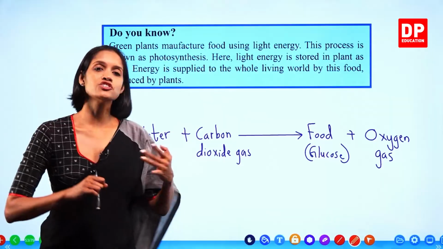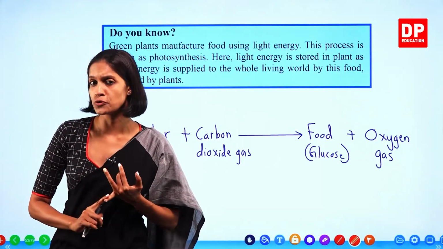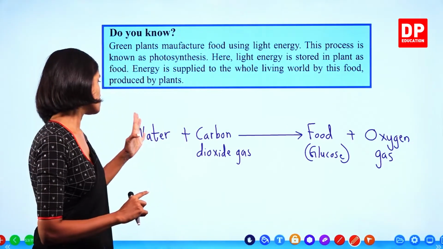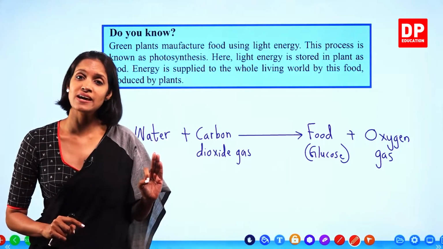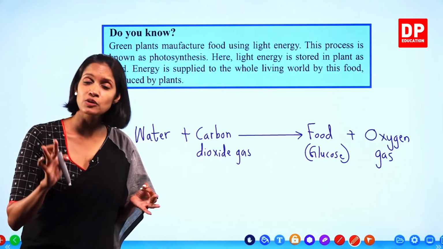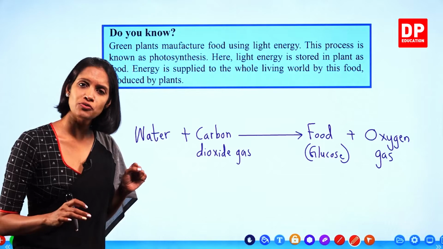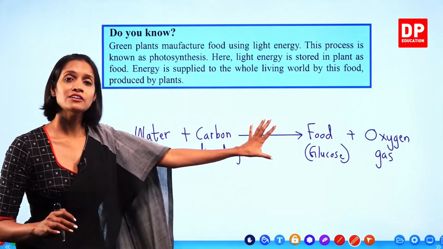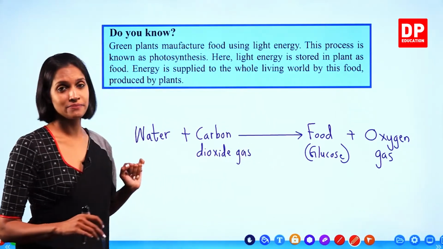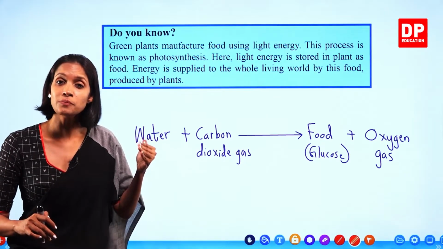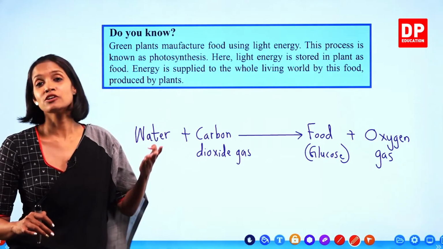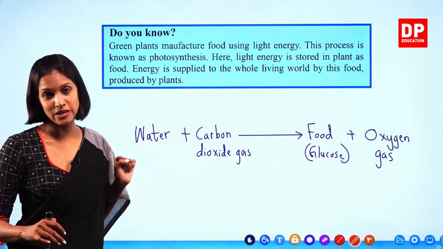Now, there should be 4 factors affecting the photosynthesis, which means water, carbon dioxide gas, and the sunlight and chlorophylls. What are the other 2 factors, children? You can't see those 2 factors anywhere here. Remember, in the presence of sunlight and chlorophylls, this process takes place.